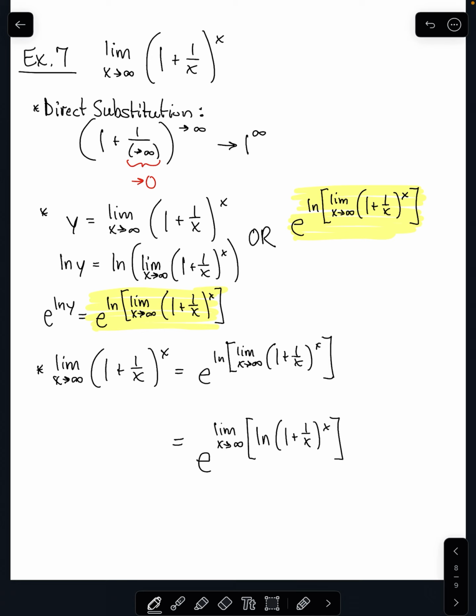What this allows us to do is with the natural logarithm directly next to our exponential expression, we can use a property of logarithms, the power property of logarithms, to take the exponent x and move it down in front as a multiple.